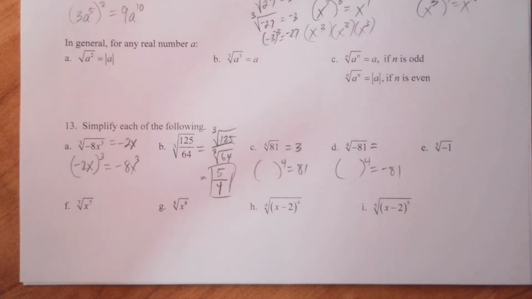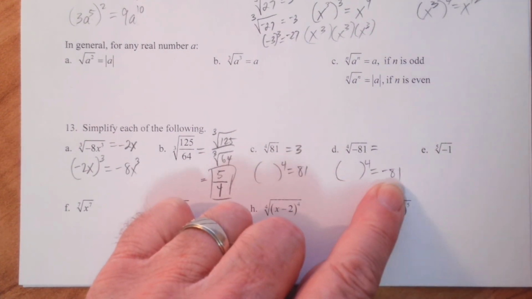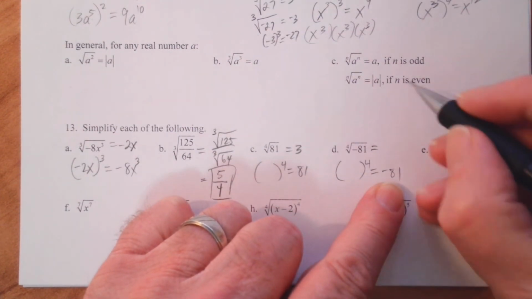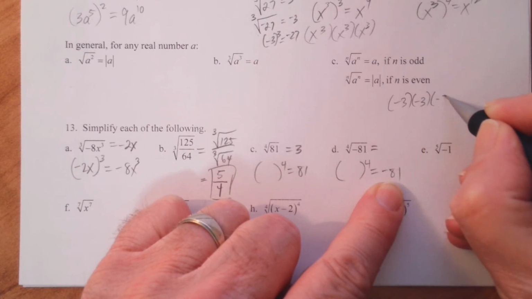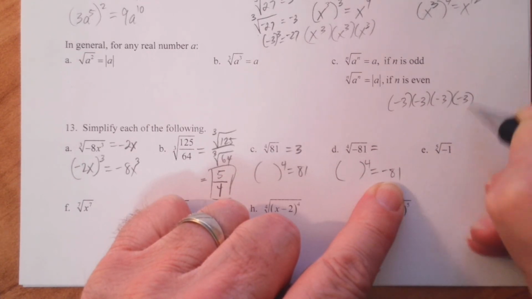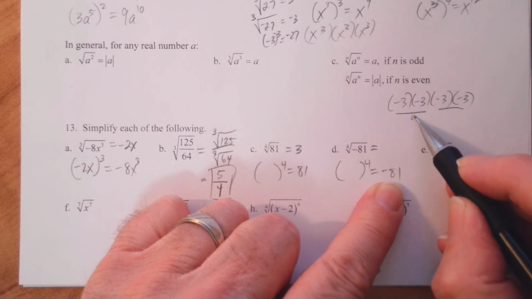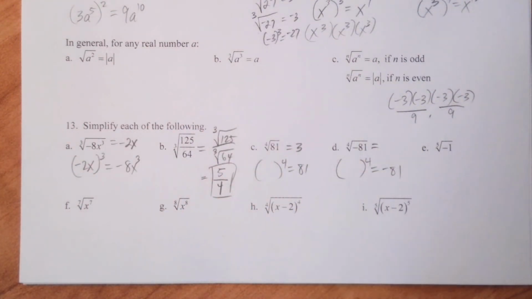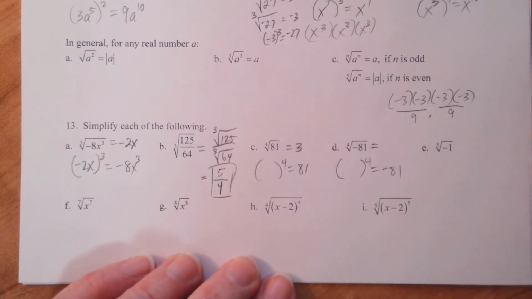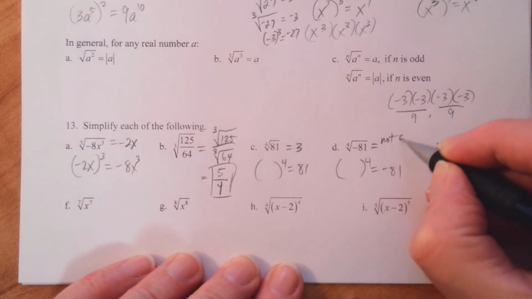If you multiply 4 negatives, you can never be negative here. So maybe you thought it was negative 3. If you multiply 4 negative 3s, this is going to be a positive 9, this is going to be a positive 9. You're going to get 81, not negative 81. And so this is just like what we had with square roots. It's not a real number.